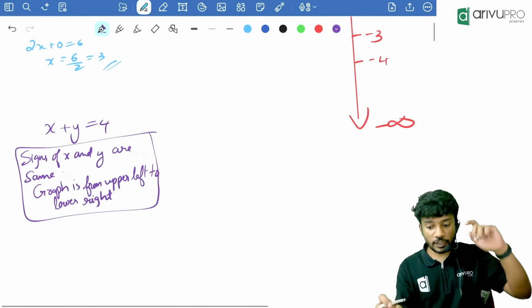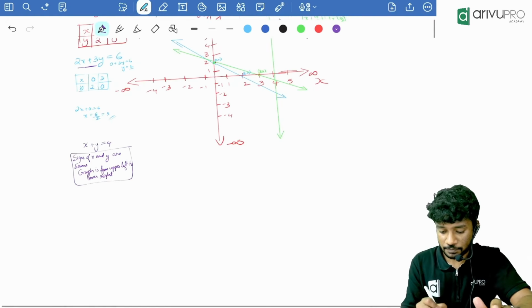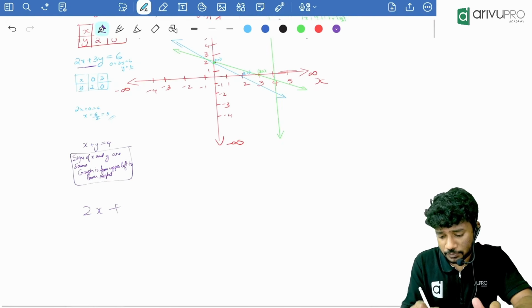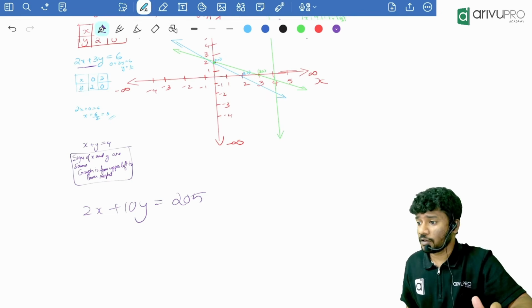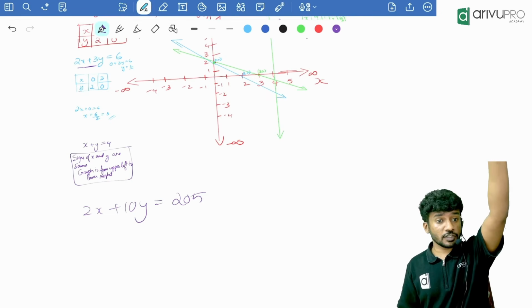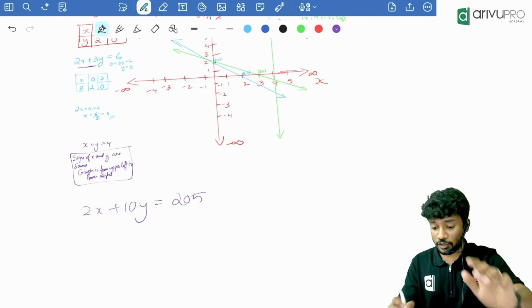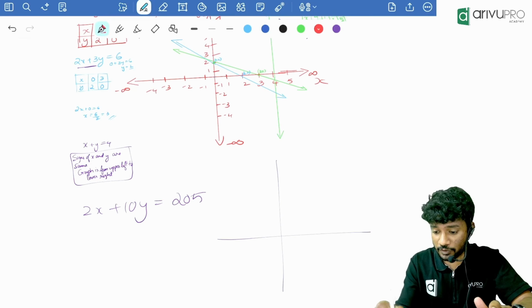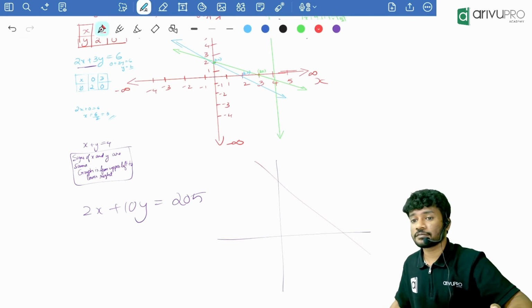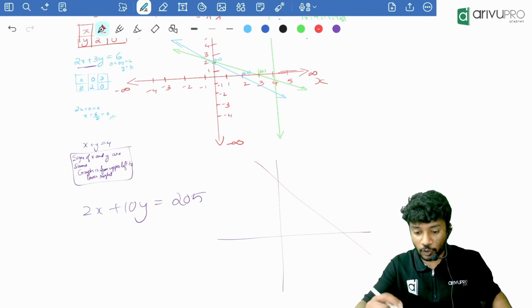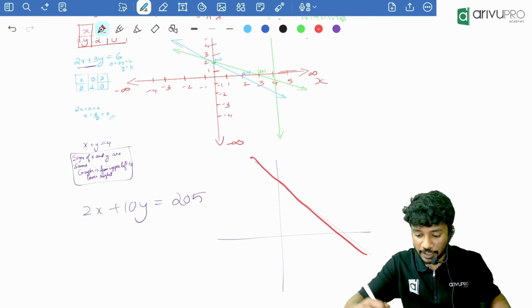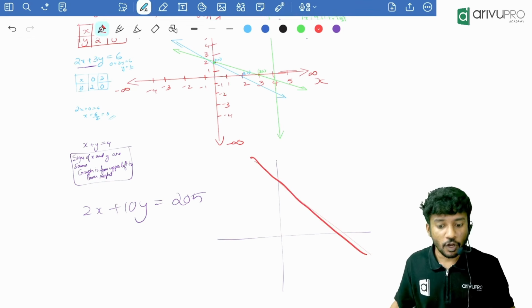So going forward, if you get a question like this, 2x plus 10y is equal to 205, will you be like, oh sir, I put x is equal to 5, y is equal to this much? No, we will just draw a graph like this. Whatever is marked in red, the graph will be like this. Upper left to lower right.